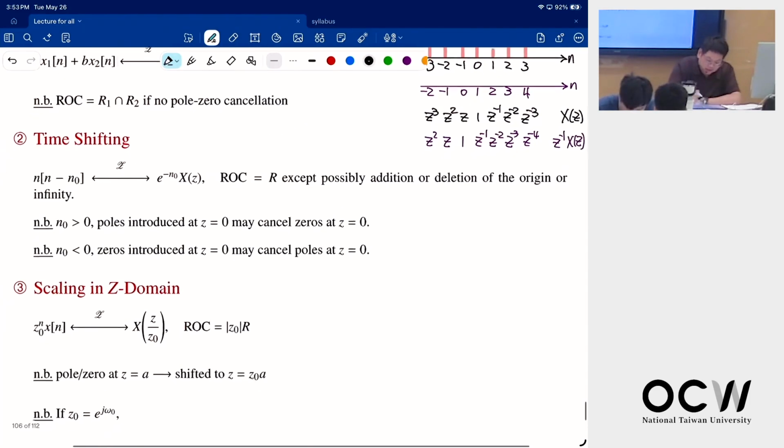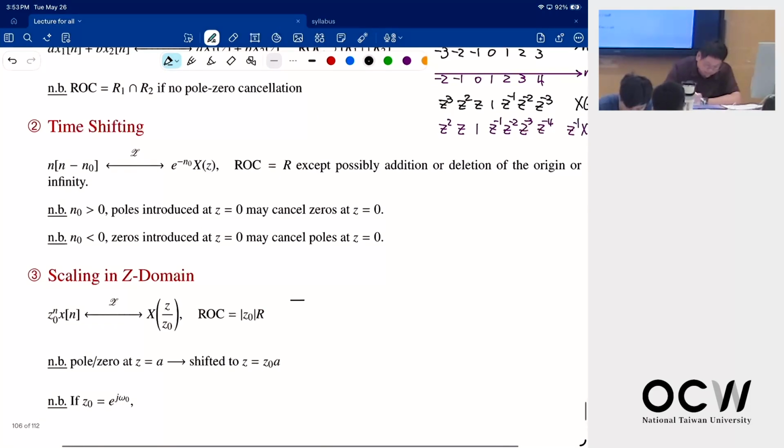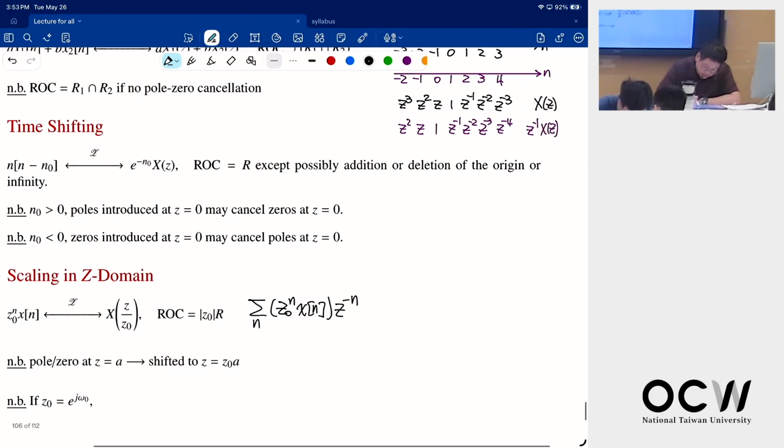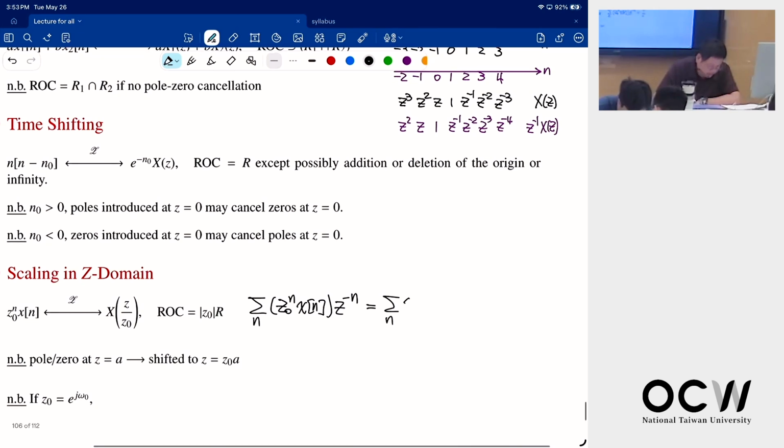If you see the equation, if I do the z transform, you can rewrite this z transform as z over z naught to the minus n.